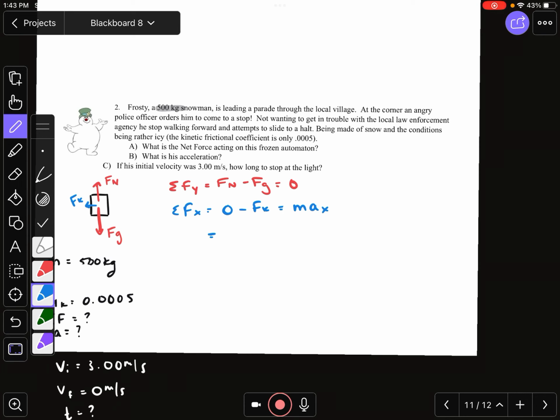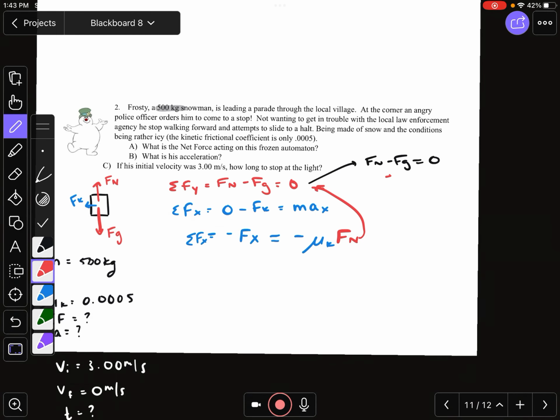So we have here that the sum of the forces in the x direction is equal to negative Fk. It's asking us to solve for the sum of the forces, so we're going to go ahead and do this. Instead of negative Fk, I'm going to put negative mu k times Fn. I'm going to put Fn in red because I know we need to go to the right equation to solve for it. We have Fn minus Fg equals 0.